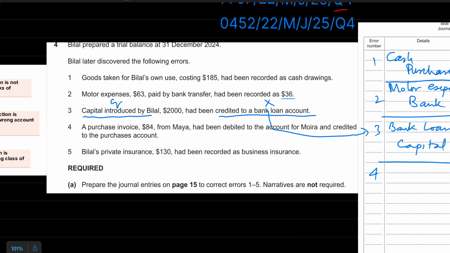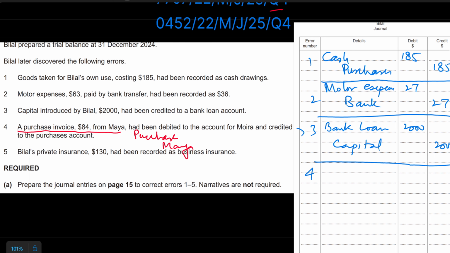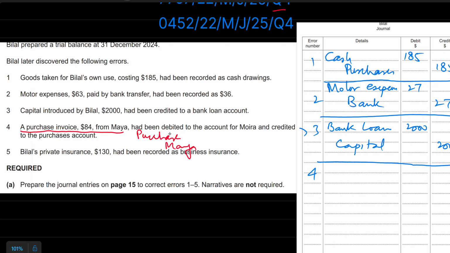Number 4 is to some extent difficult. A purchase invoice from Maya. In this transaction, students, purchases had to be debited and Maya had to be credited. Now the error is that this was not recorded in Maya, it was recorded in Moira.